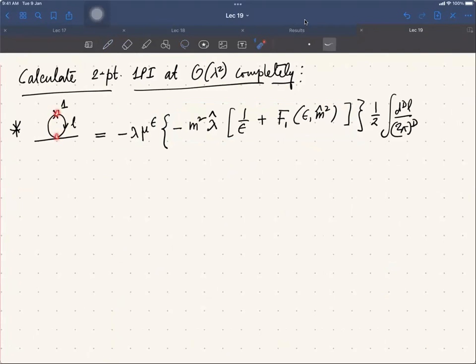There are two vertices, and therefore there are two propagators, so 1 over (l square plus m square) whole square. And this integral is nothing but the standard integral that we calculated earlier, I1(d, 2), where a is equal to 2.